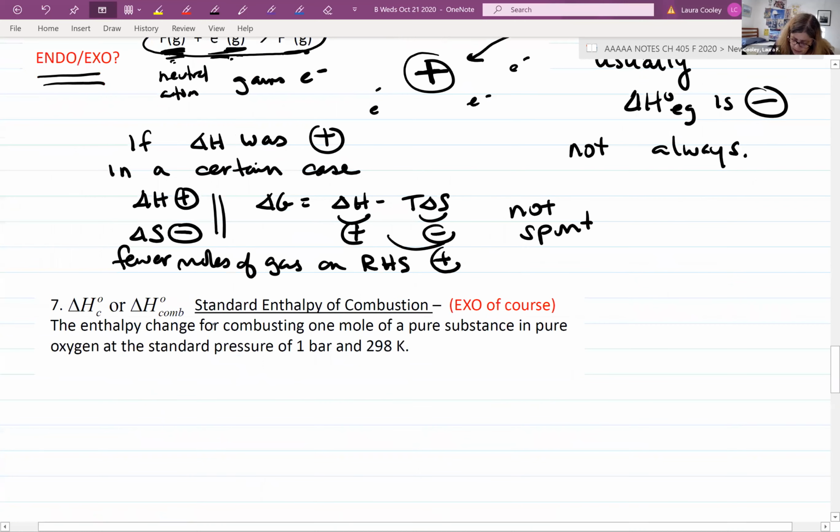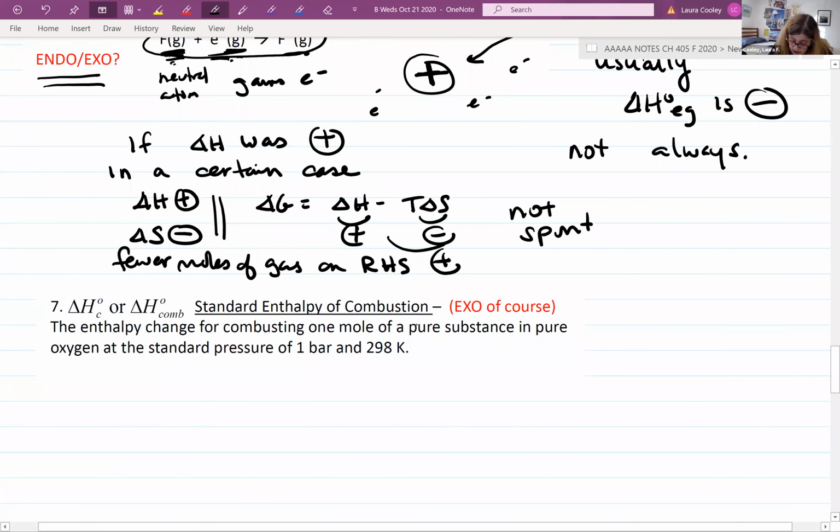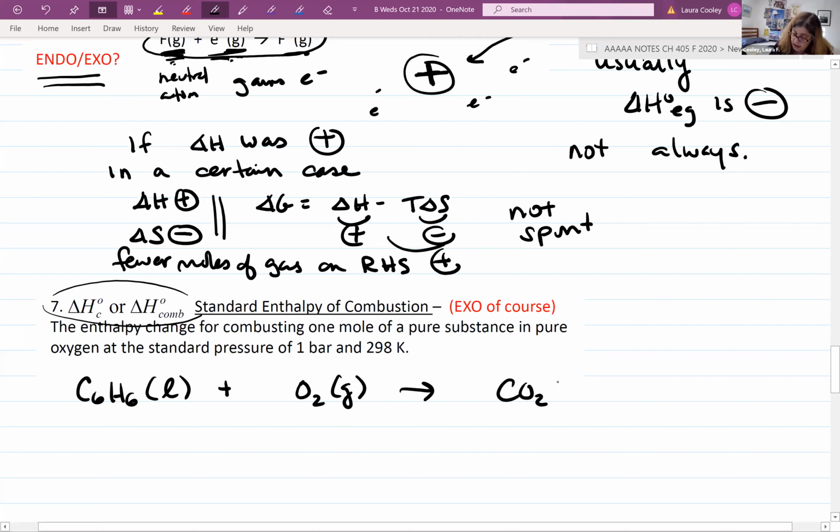Then we have the standard enthalpy of combustion. You can write it one of these 2 different ways. The enthalpy change for combusting 1 mole. So if you took benzene, for example, and combusted it in pure oxygen to get carbon dioxide and water, at 298 Kelvin, water would be a liquid.